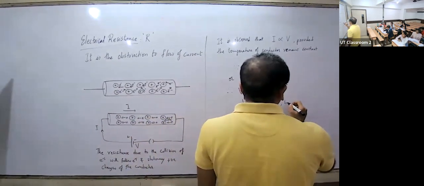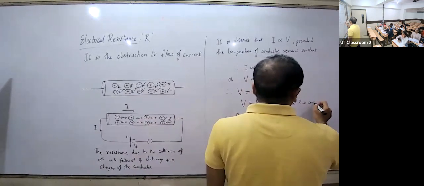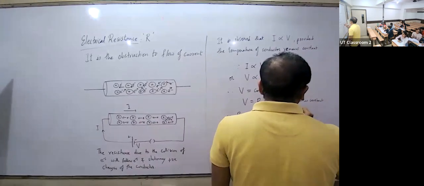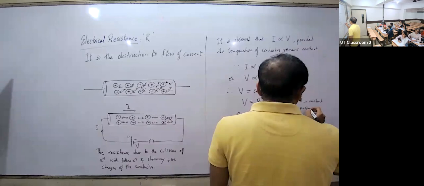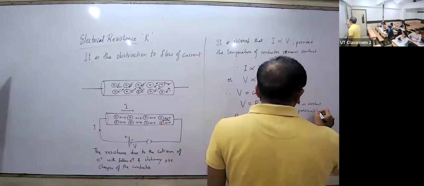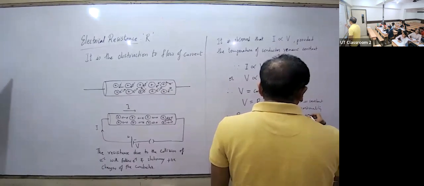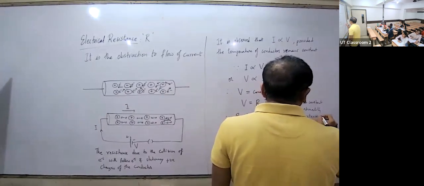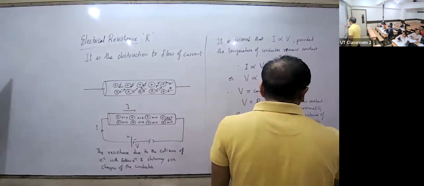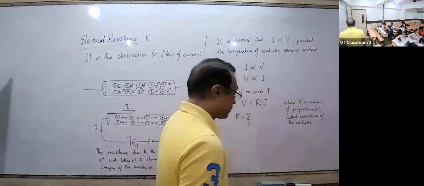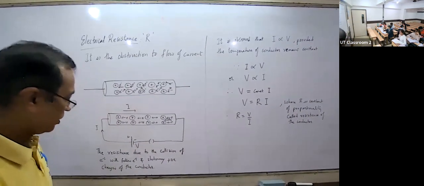Where R is the constant of proportion, called the resistance of the conductor. Right? What does it mean?